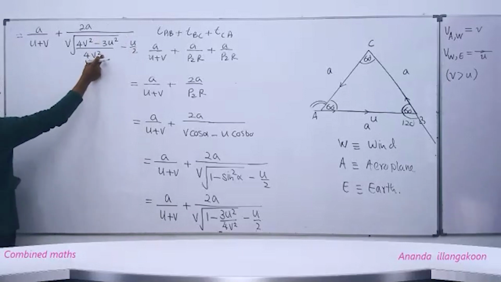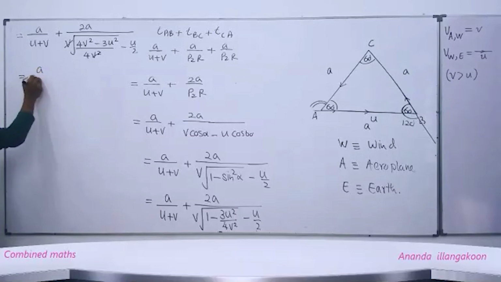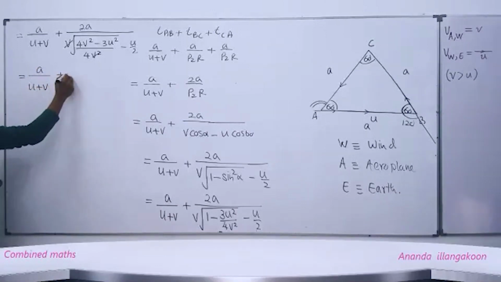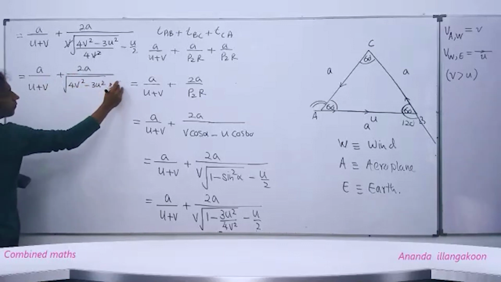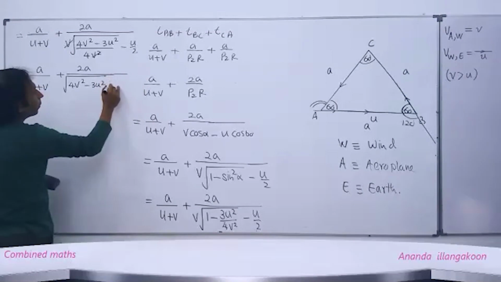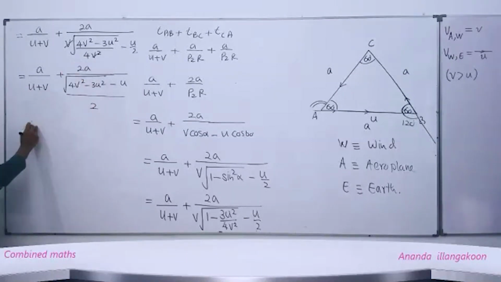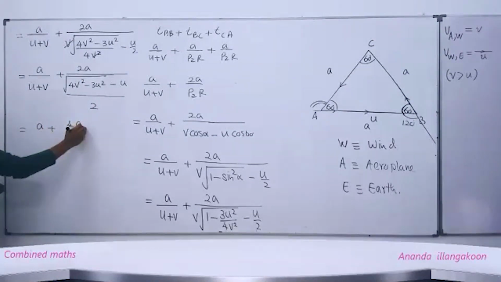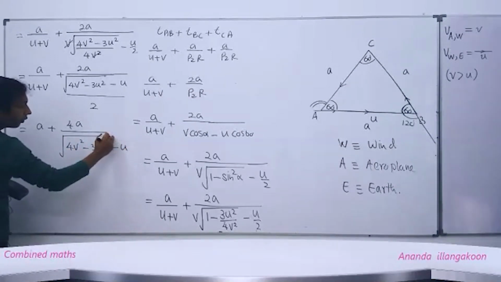Because this V squared we can take out, that will be V, and that V and this we can cancel out. Root of 4 is 2, that 2 and this 2 are common, also divided by 2. This 2 comes to the numerator.